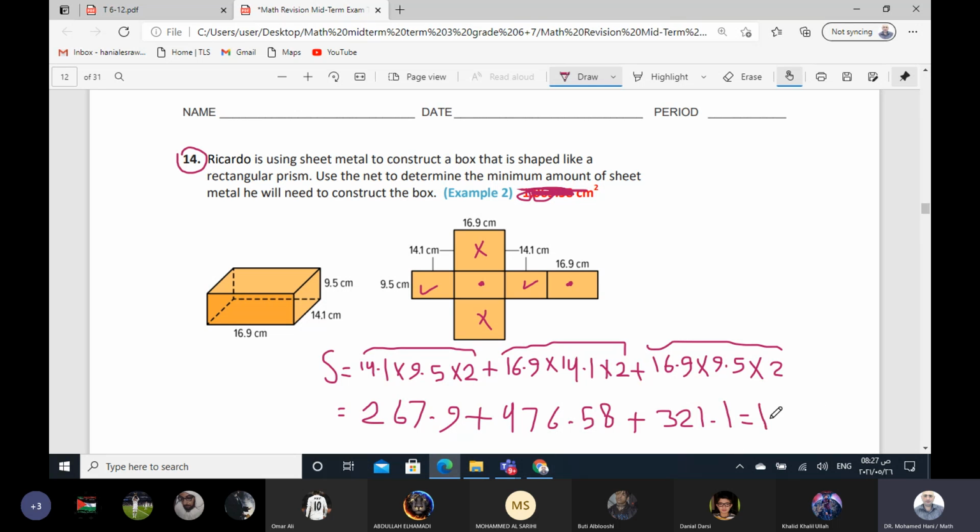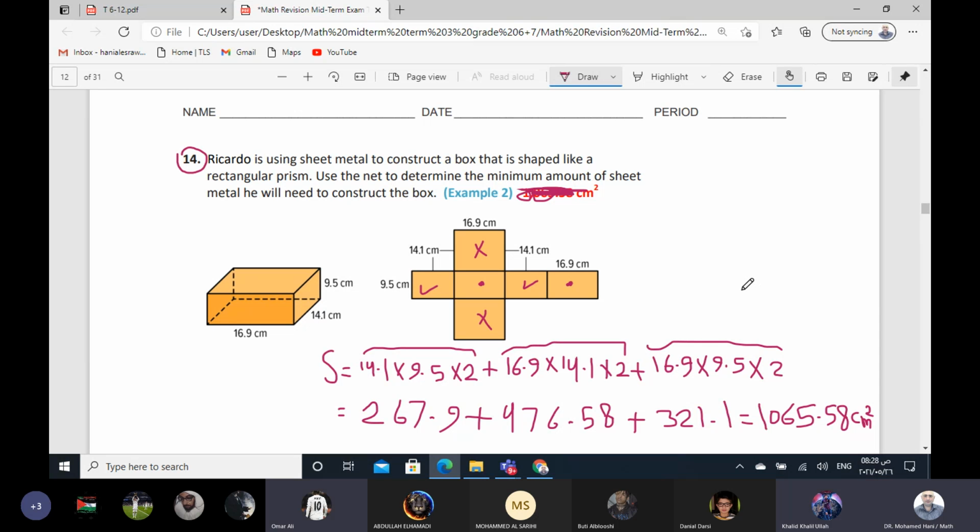The answer will be 1065.58. Who can tell me the unit? Centimeter square. Great, centimeter squared, because here it is surface area. Who has any question here?